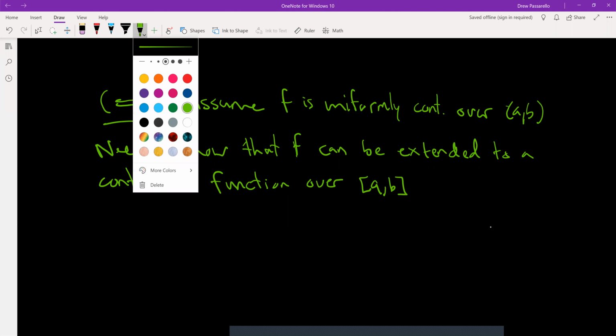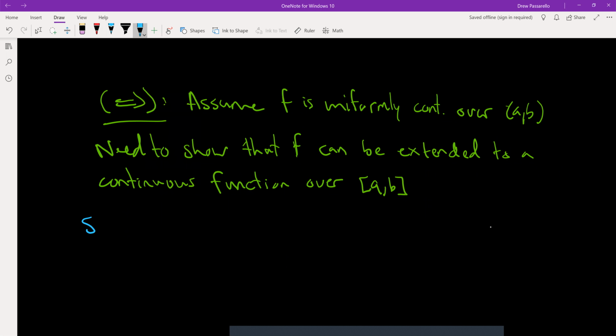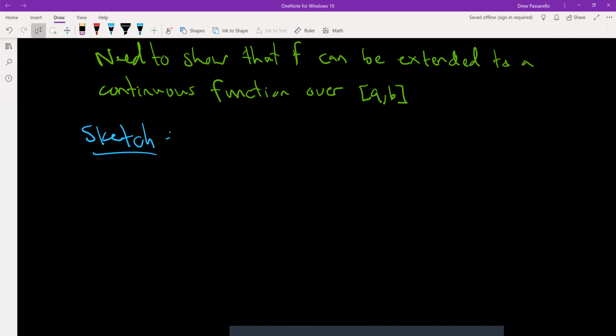So this is a sketch of the idea. Now, if we have some open interval (a, b), if we have a sequence x_n that converges to b, then since it converges, we know the sequence x_n is Cauchy.